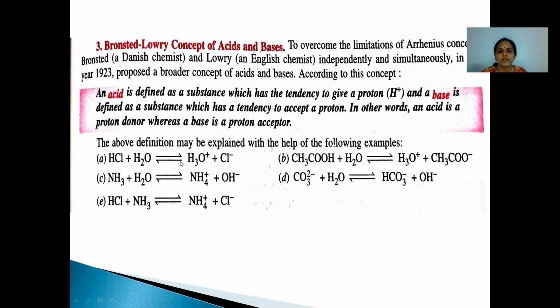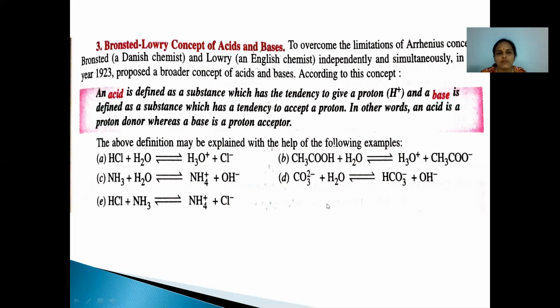You can see HCl plus H2O gives H3O+ plus Cl−. So HCl here is acting as the Bronsted acid because it is donating its proton and going to the Cl− state, and H2O is accepting H+ and forms H3O+. Similarly, take another example: CH3COOH plus H2O gives H3O+ plus CH3COO−.